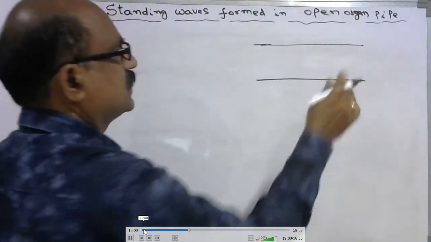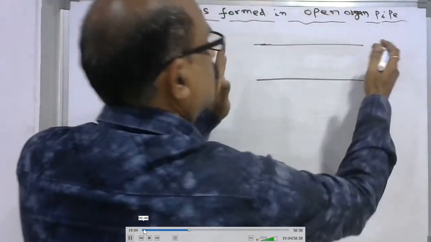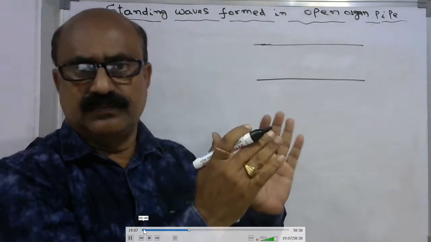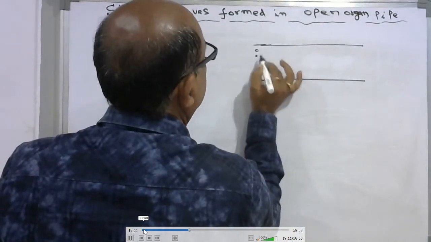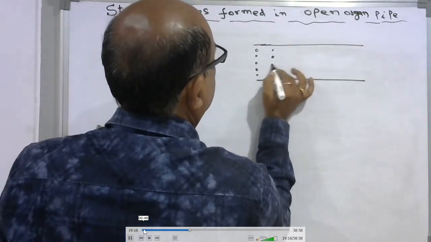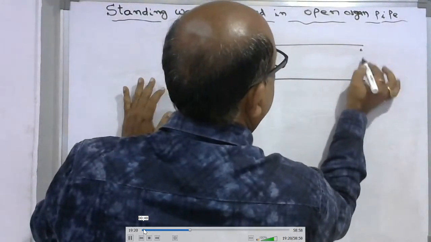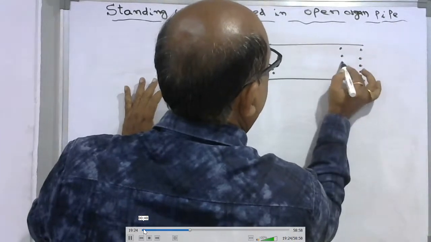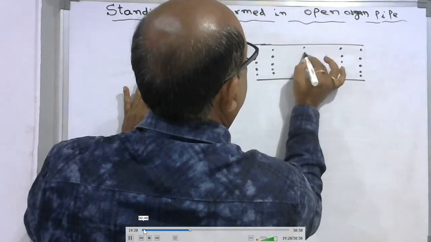See, both sides are kept open, and it has the maximum degree of freedom at both sides. So the air particles in the medium vibrate with maximum displacement at both ends, whereas with zero displacement at the center.